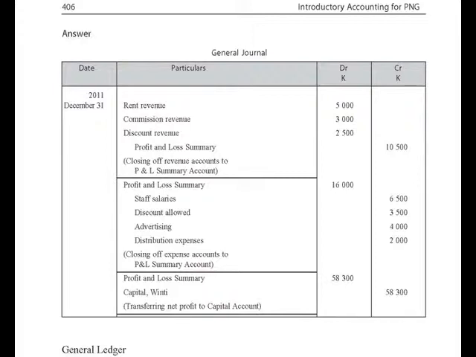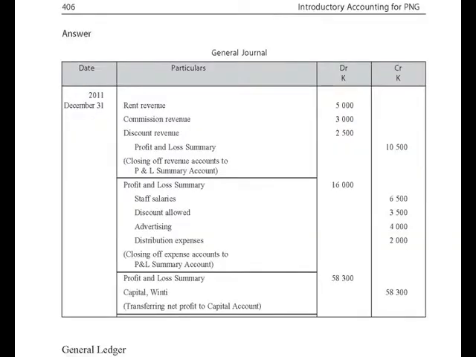Then expense accounts are transferred to the debit side of the profit and loss summary and credit the respective expense accounts. The difference is the net profit. Net profit finally goes to the capital account, as I said earlier.